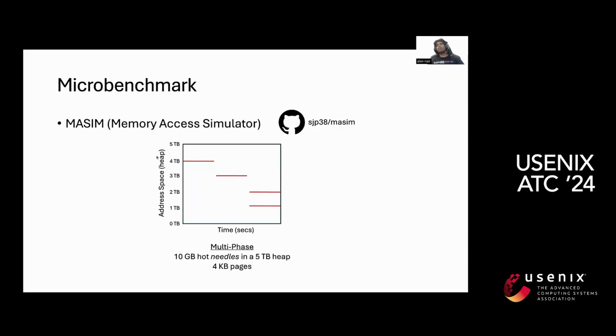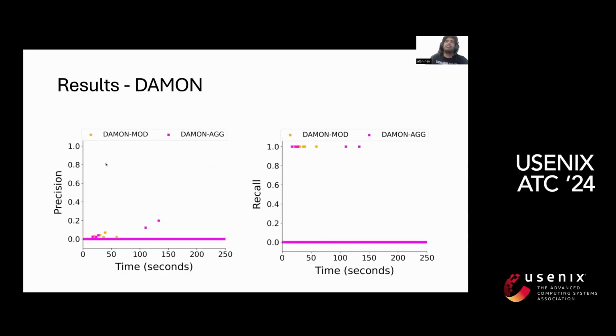We create a micro benchmark composed of 10 GB needles in a 5 terabyte address space. It is represented in this figure. This synthetic access pattern was created with MASIM, or the Memory Access Simulator. Both variants of Damon show near zero precision and recall.